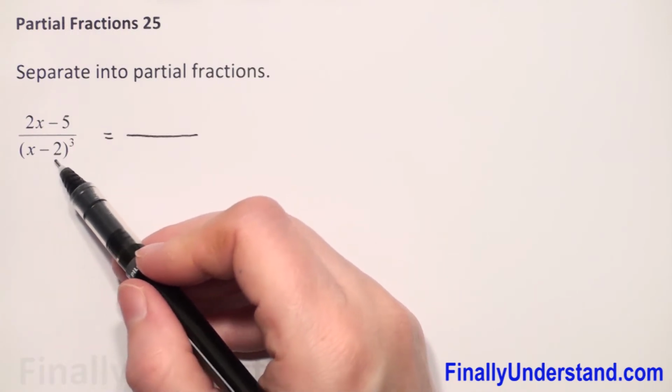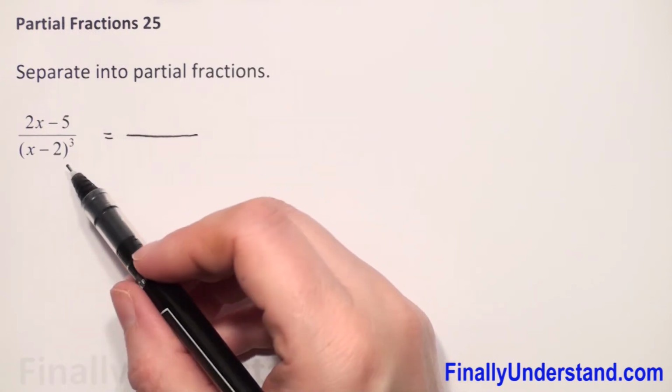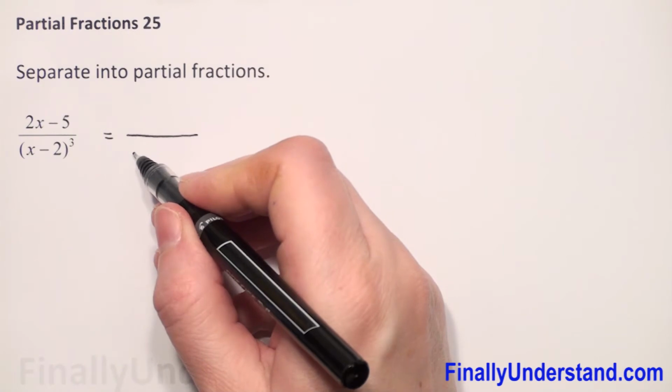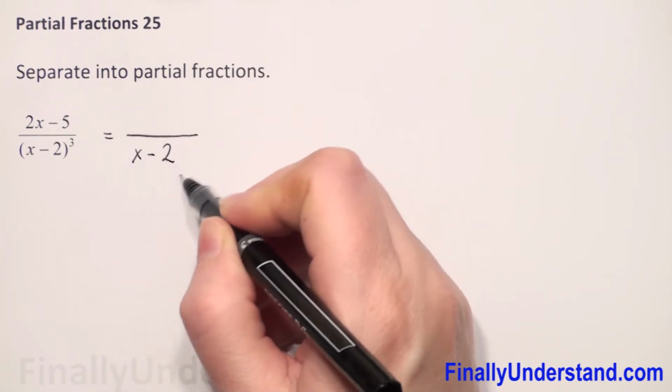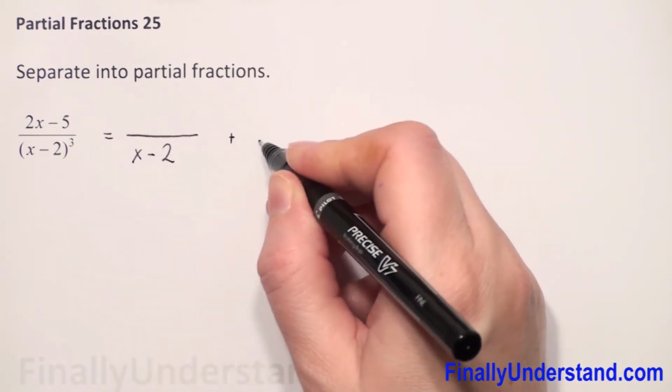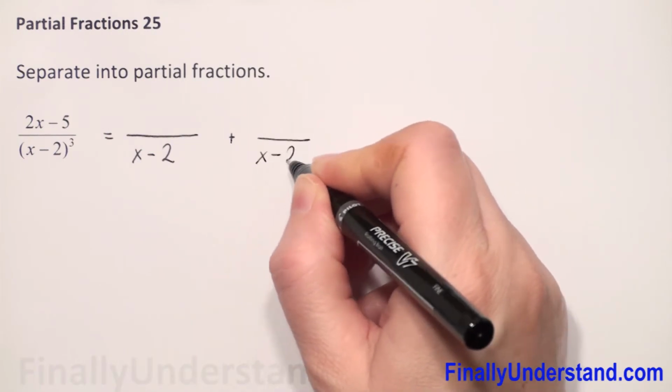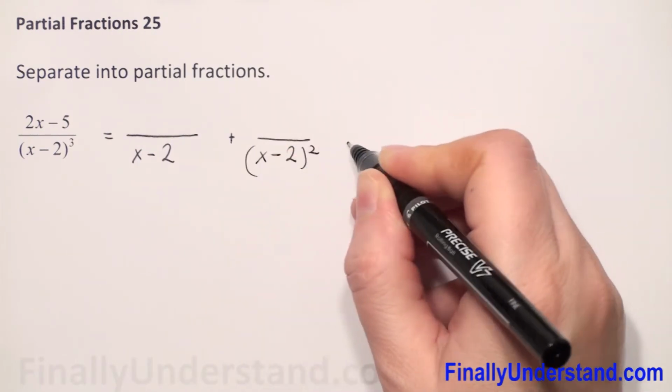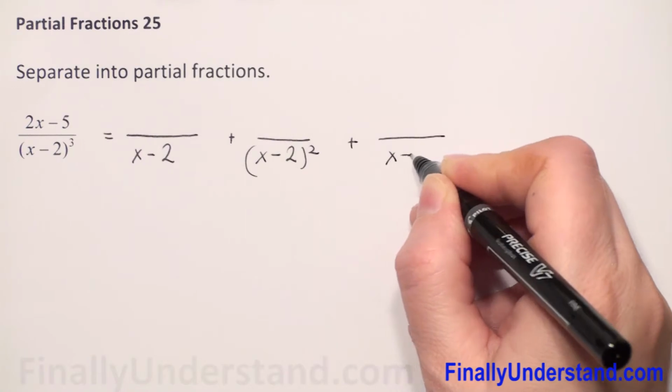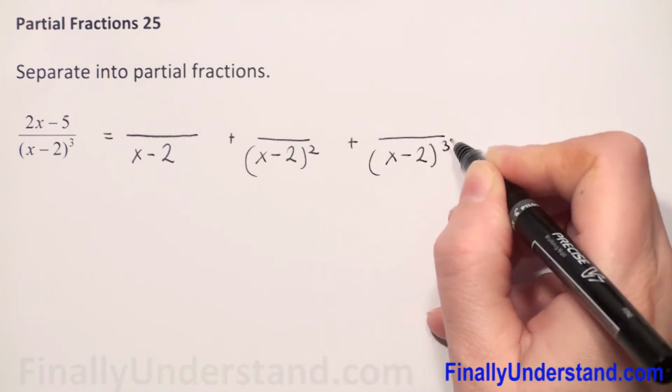So we have x minus 2 to the third power, so it means we have to repeat this 3 times. It will be x minus 2 to the first power, we don't have to write it, plus, next will be x minus 2 to the second power, and the last is x minus 2 to the third power.